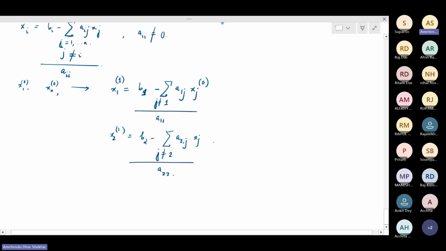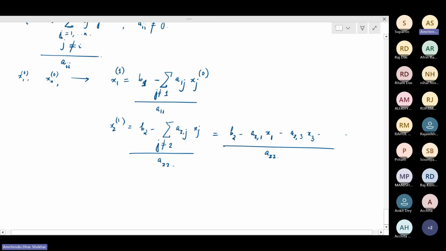If we just write this down, this is equal to b2 minus a21 x1 minus a23 x3 and so on, divided by a22.